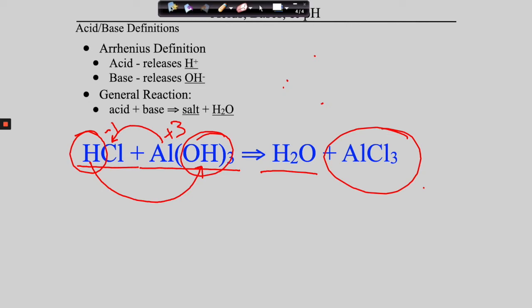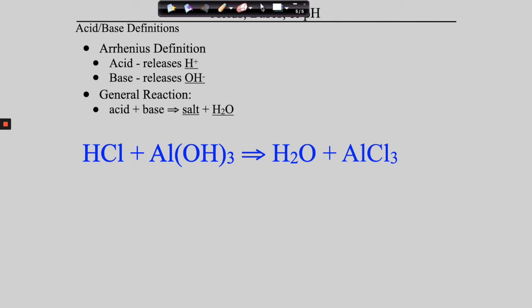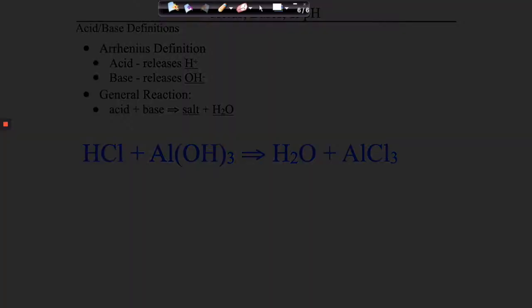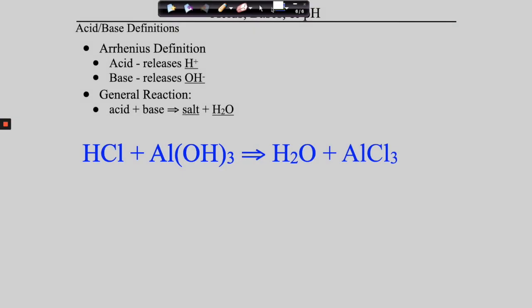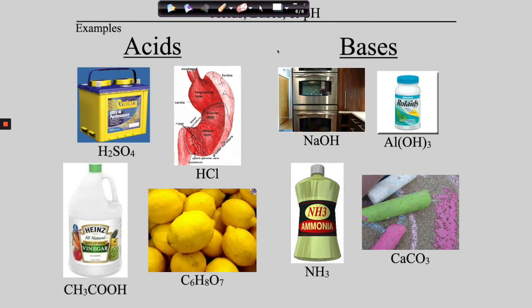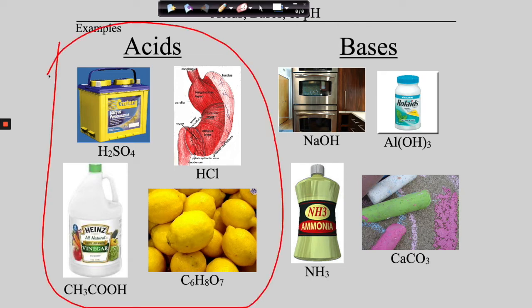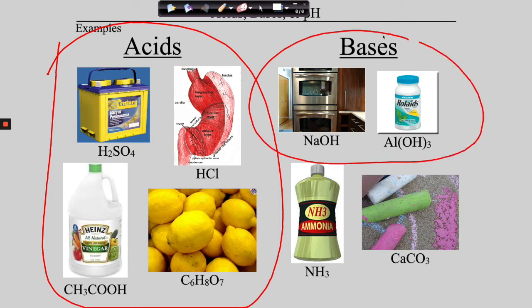Now, guys, moving along from here, this brings us to an interesting idea. This gets us back to our previous slide where we can now talk again about the things that are acids and bases. And so we have this understanding that acids contain hydrogen, and some bases contain OH.